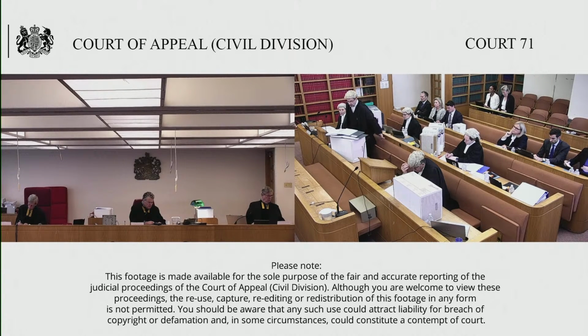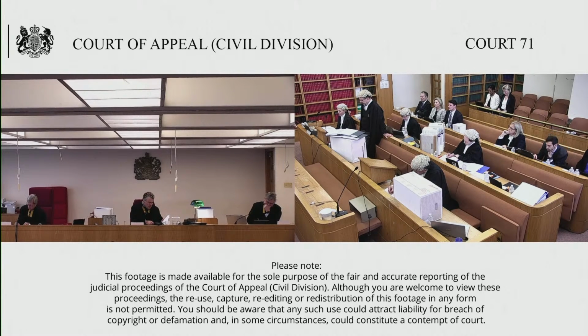Now, my learned friend says, and he made a lot of this, that this scheme mirrors the approach to final relief under the Unwired Planet approach. But even if that is so, just as in Unwired Planet, the first question which the court has to consider is whether the claimant has established that there should be an injunction in the first place.